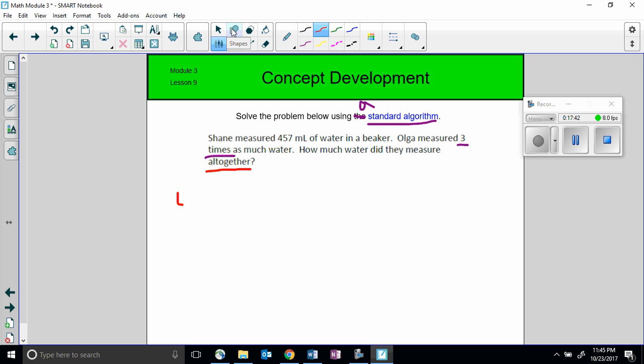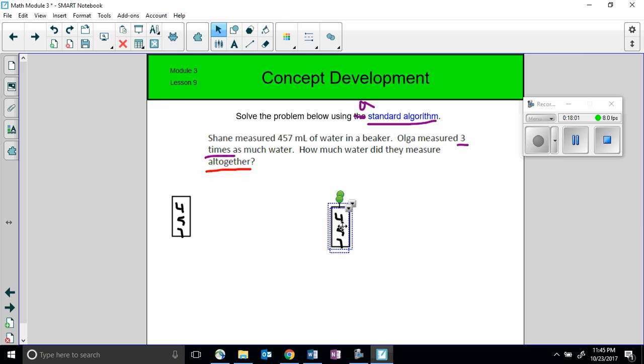Okay, let's draw it out, because I'm betting there's a simple way to do it. So here's Shane's beaker. How much did we say it had in it? 457. Well, Olga measured how much? 3 times that. So 1, 2, 3. So there's what Shane measured. There's what Olga measured.